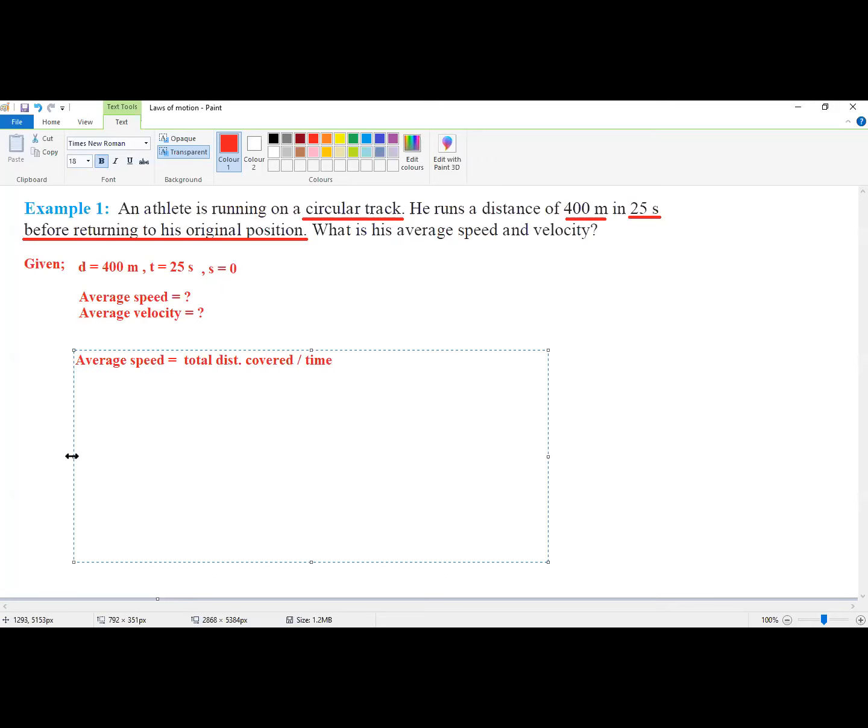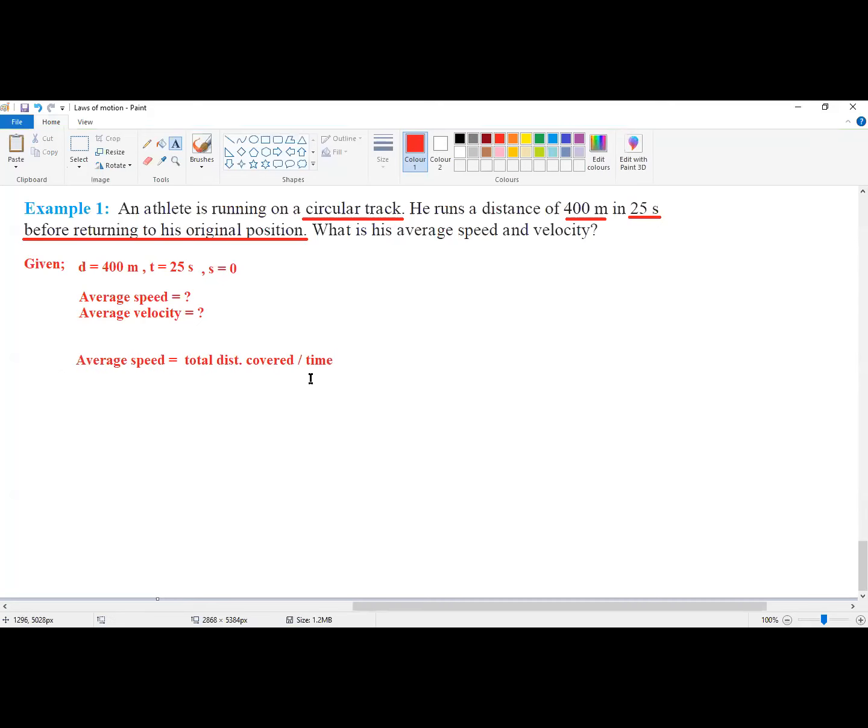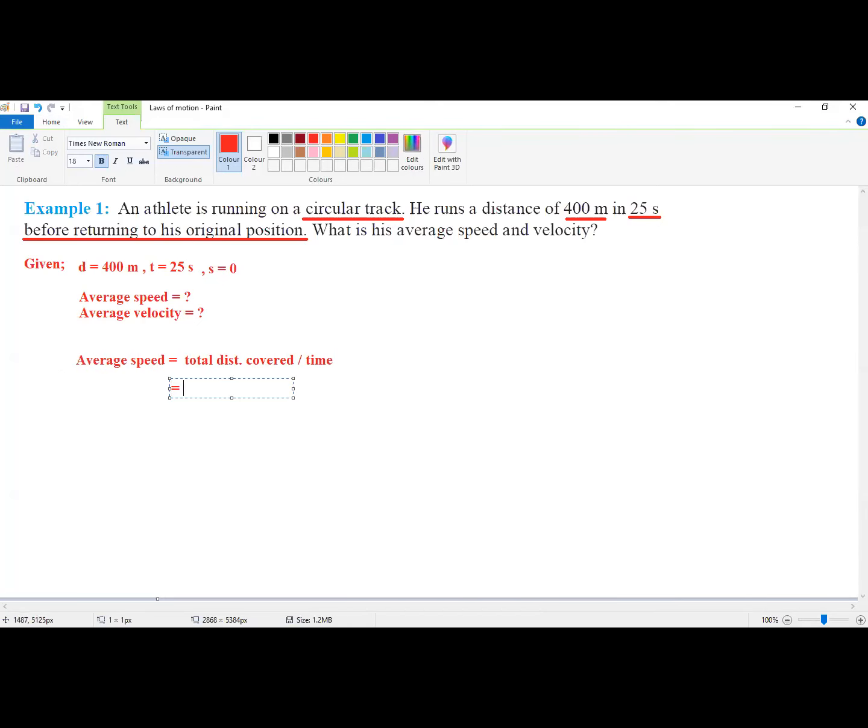The total distance covered is 400 meters in 25 seconds. So how much will it be? 400 divided by 25.